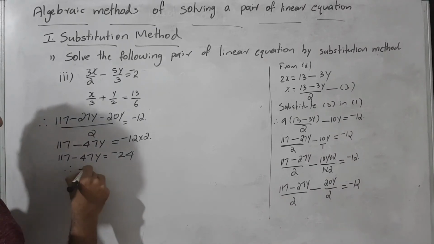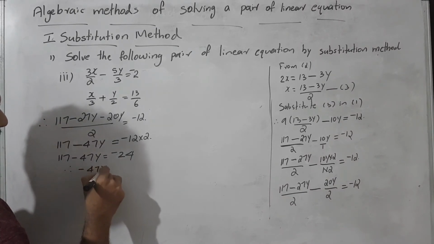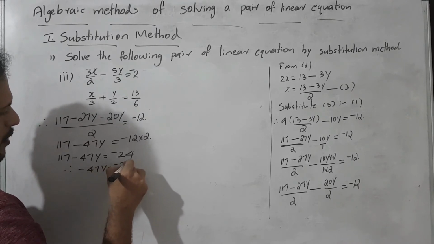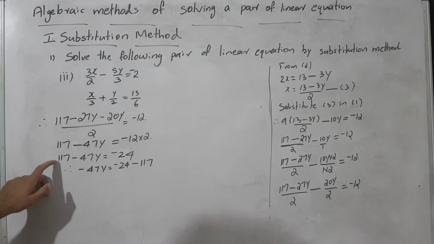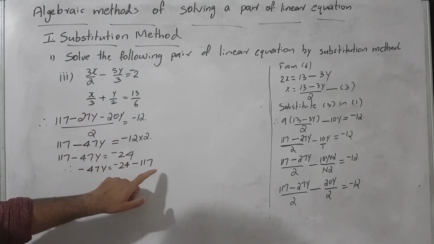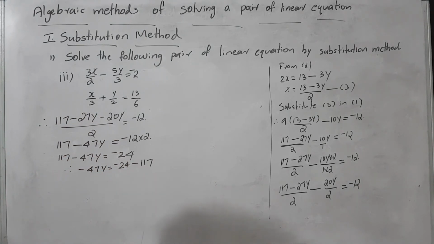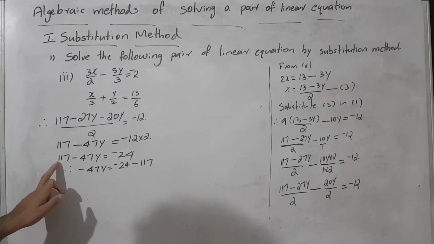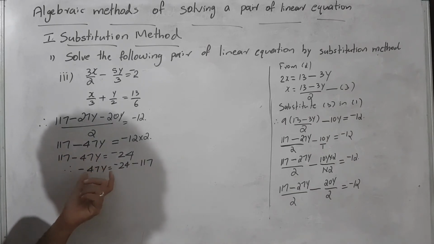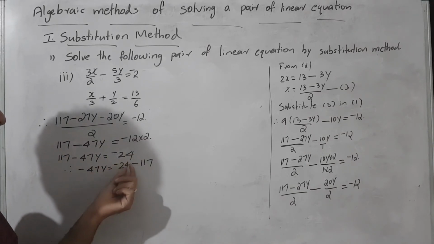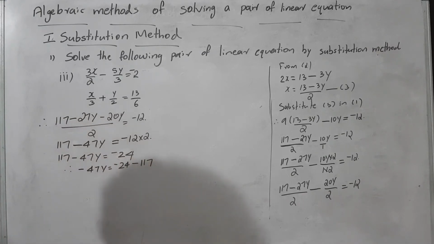Therefore, minus 47y is equal to minus 24 minus 117. Correct? We transpose 117 to the side of minus 24. Then what is the remaining? Minus 47y is equal to minus 24 minus 117.